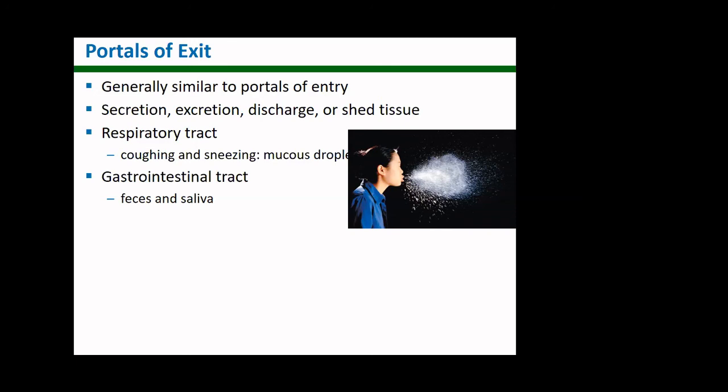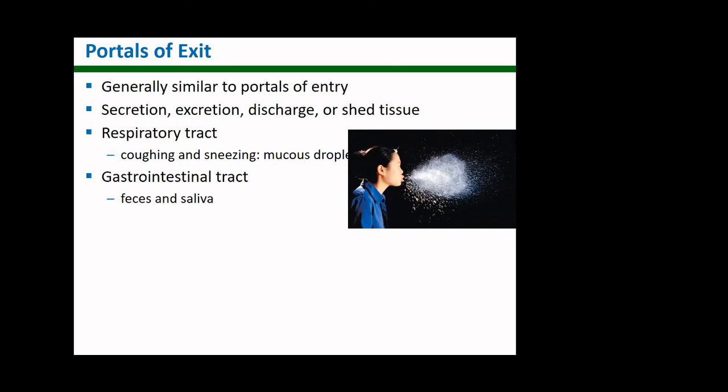Gastrointestinal pathogens, they usually are spread through the fecal-oral route. Now, the fecal-oral route is a lot less direct than it may seem by the words. So anytime someone has a bit of fecal matter or fecal bacteria on their hands, maybe they didn't completely wash their hands, right?